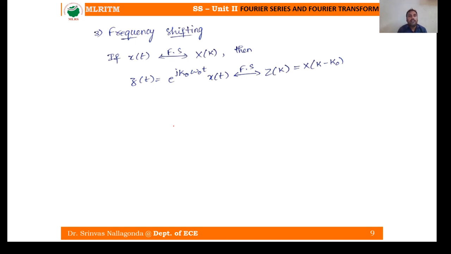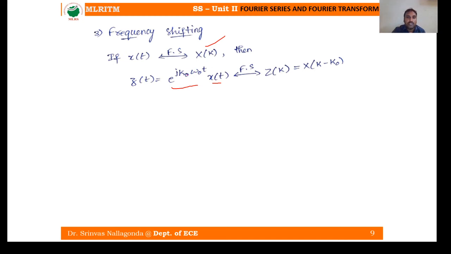Now we'll see the frequency shifting property. x of t is a signal. What is the Fourier series? x of k. Then z of t is equal to e power j k naught omega naught t multiplied with x of t. If you multiply this exponential term with x of t, we'll see what happens after Fourier series.